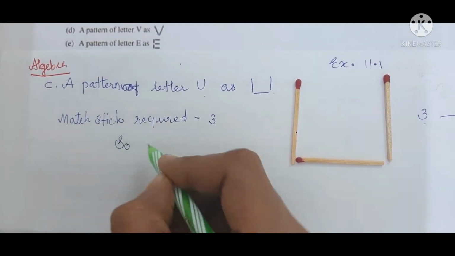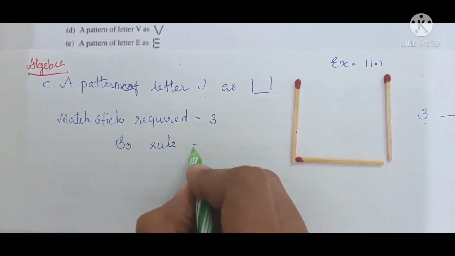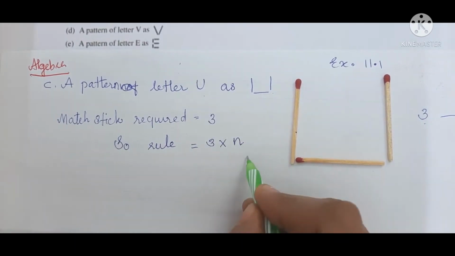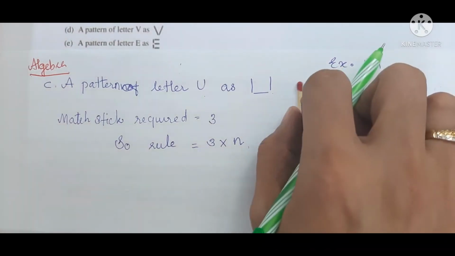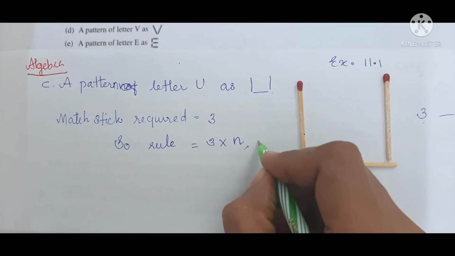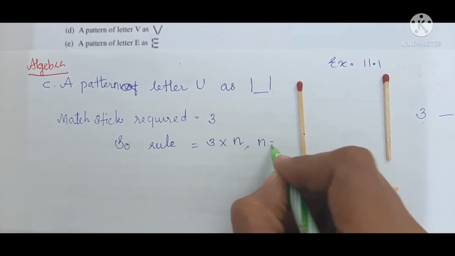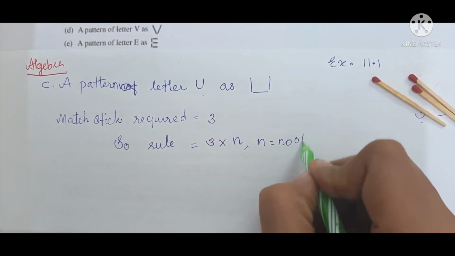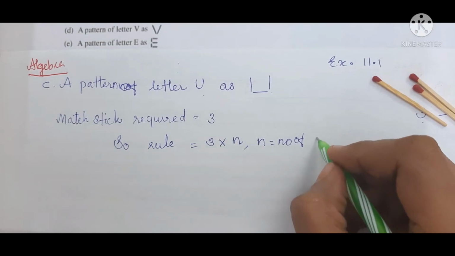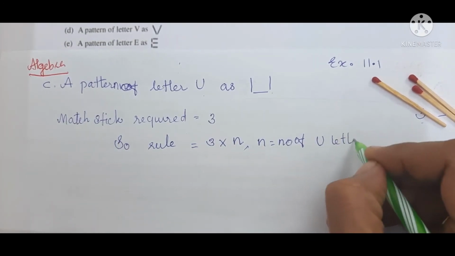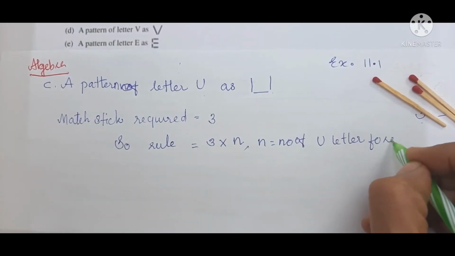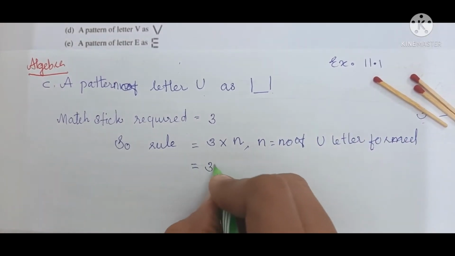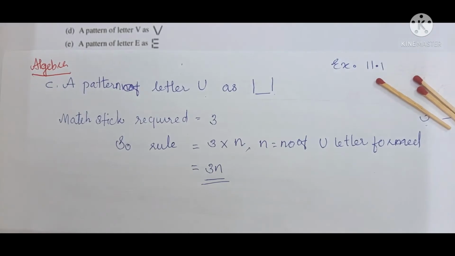So the rule will be 3 into n. Here n is the number of U letters formed. Okay. So the rule will be 3n.